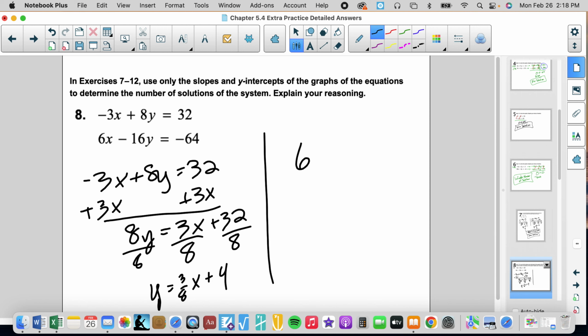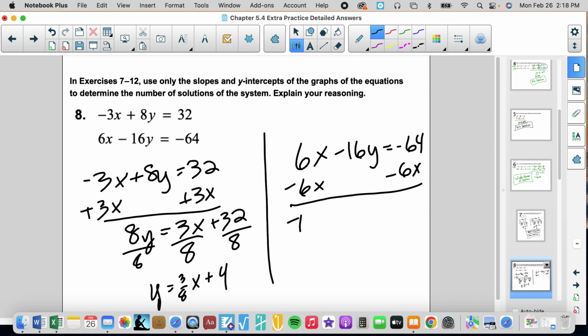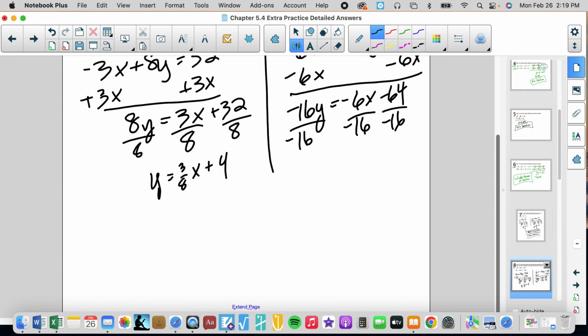Let's do the other equation. 6x minus 16y equals negative 64. Let's subtract 6x. Negative 16y equals negative 6x minus 64. Divide by negative 16. And we get y equals 3/8 x plus 4.